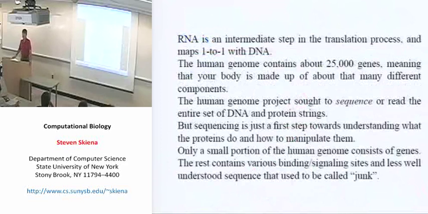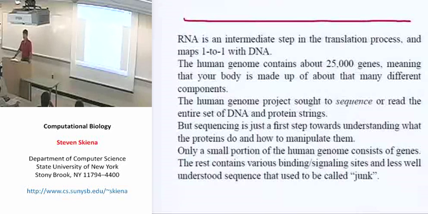Okay, so the human genome consists of about 25,000 genes. Another way to think about it: if we want to describe how to make one of you, you are described by a string of about 3 billion bases. There are about 25,000 regions on there that each describe how to make a protein. You may be proud of that, but mice have the same number of genes, basically.